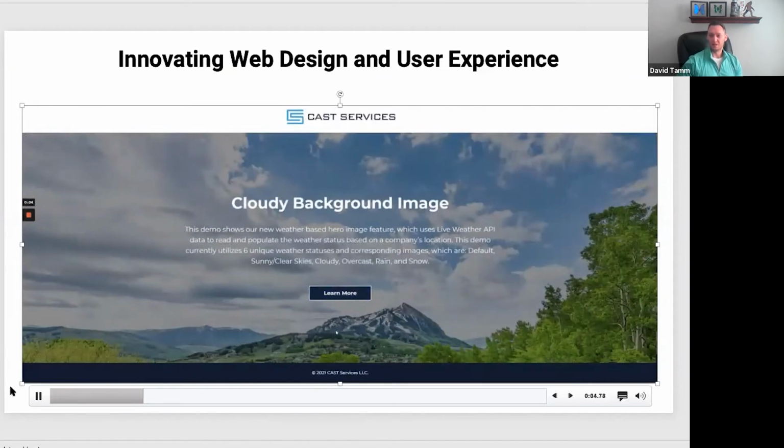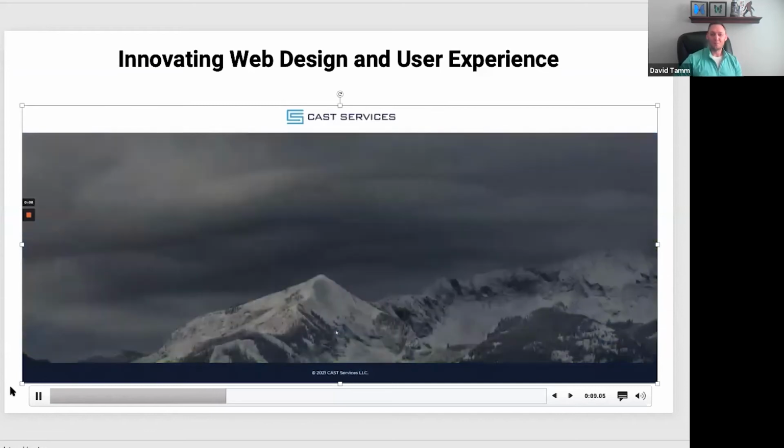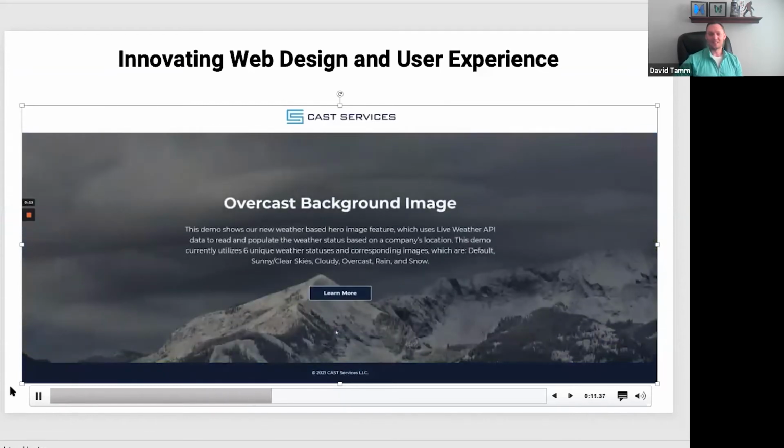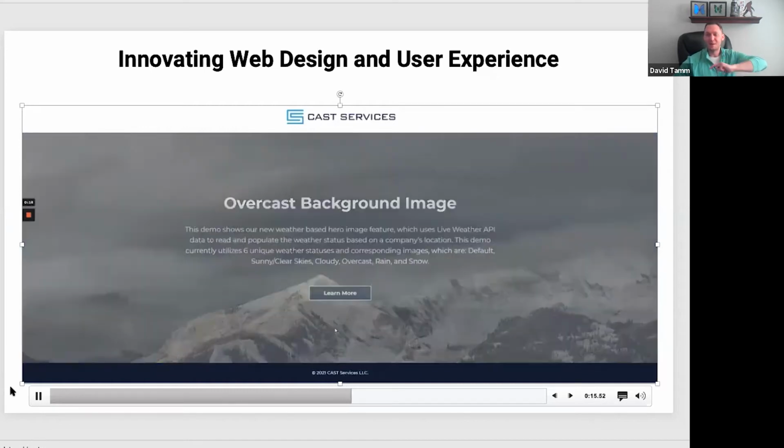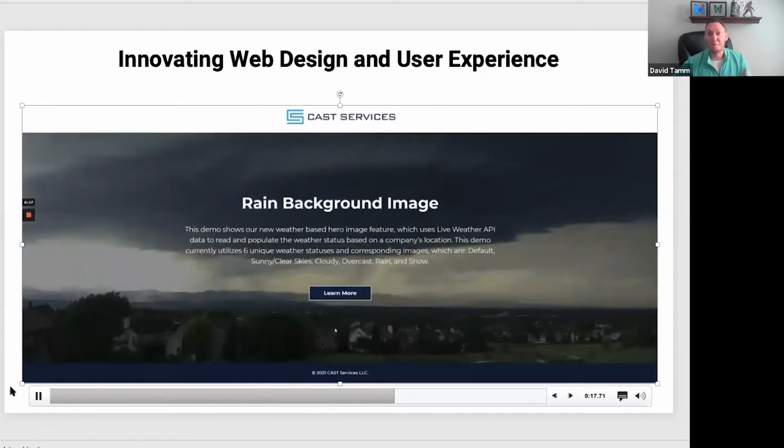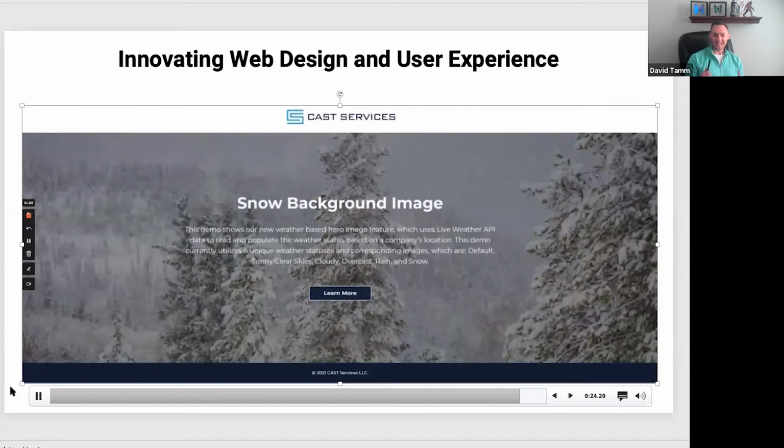If it is cloudy outside, it is cloudy on your website. It's kind of a parlor trick, but it's also really compelling to see that you're actually engaging your client and providing technology to make it a more immersive experience, so people want to come back and say, hey, it's hailing out, let's see if it's hailing on the site. This is live on our sites and it's cool.